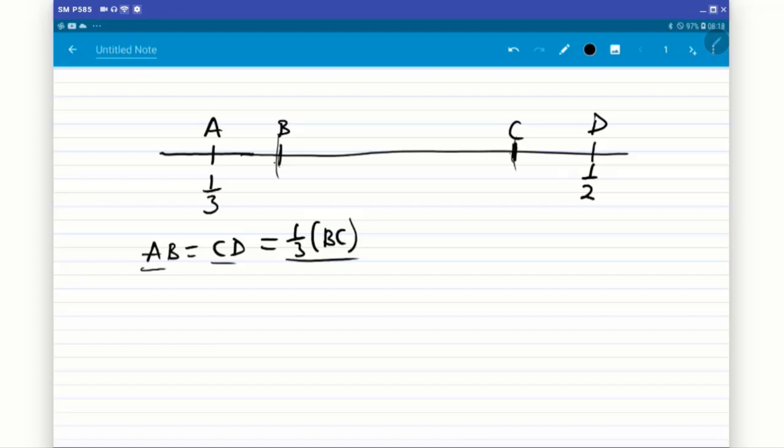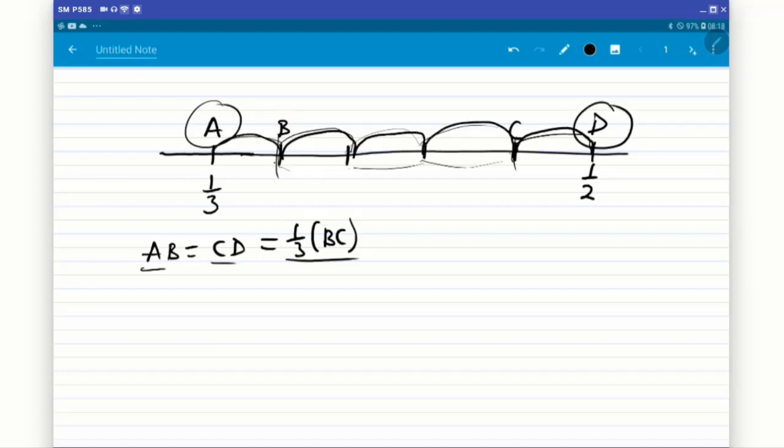Just try to gauge it very well. So we have divided our BC into 1, 2, 3 intervals. Now AB is the same as CD, the same as 1 part of BC. That means we have normal intervals now. So what does that mean? Between A and D we have 1, 2, 3, 4, 5 intervals.